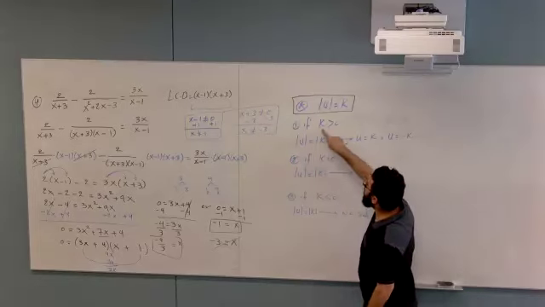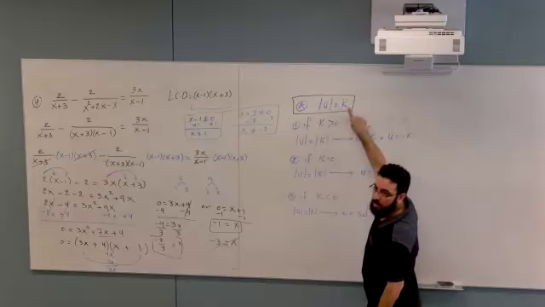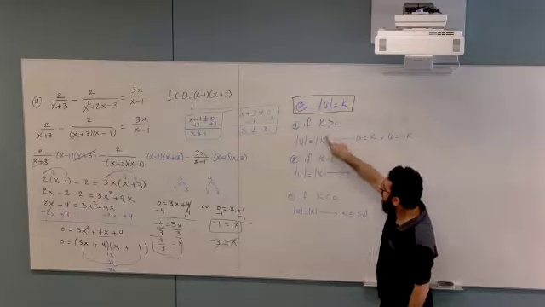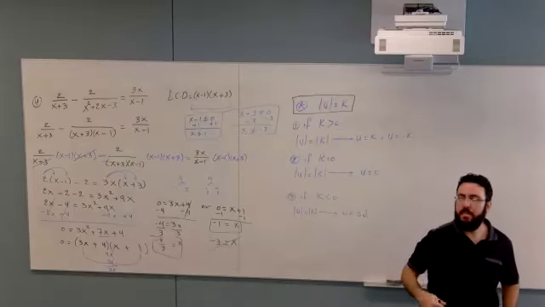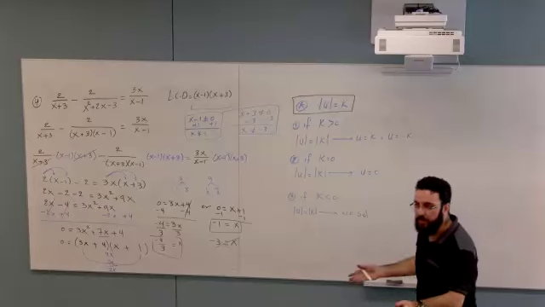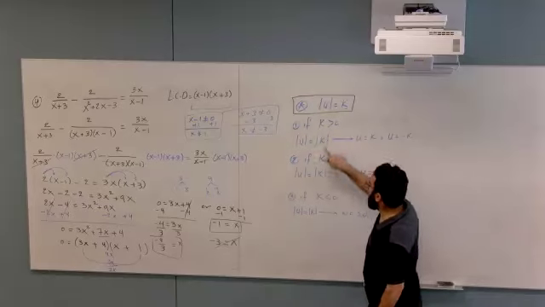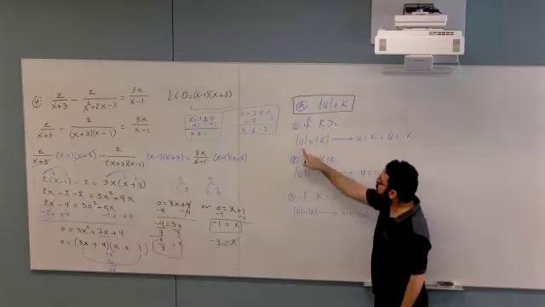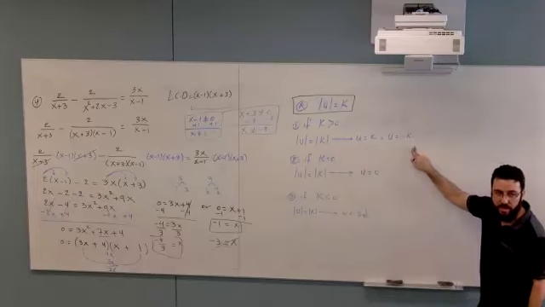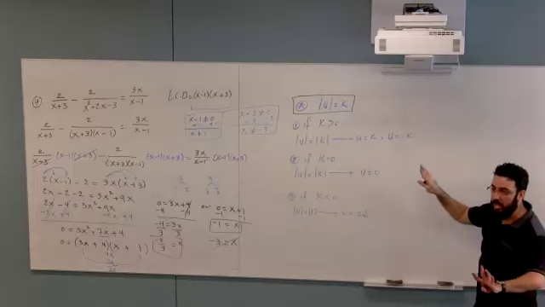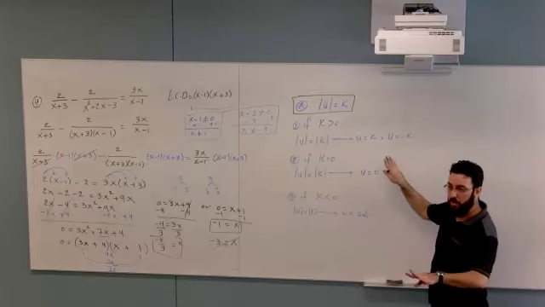If the value of k here is greater than 0, what does that mean? A number greater than 0? A positive number. So if it's a positive number, you're just going to say u equals k and u equals -k. Is that okay? We're going to do an example.